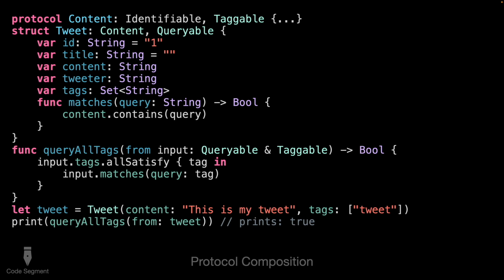So it can access the variables from the tweet. It can access anything from tweet that, it can't access anything from tweet. Not really. What it can access is anything defined or anything required by queryable and taggable.